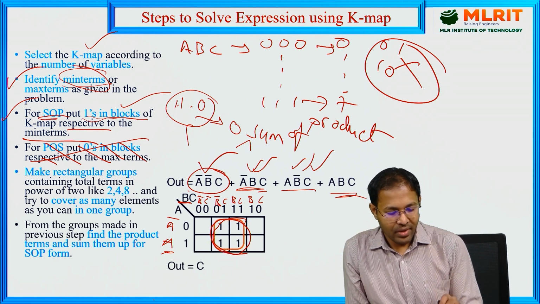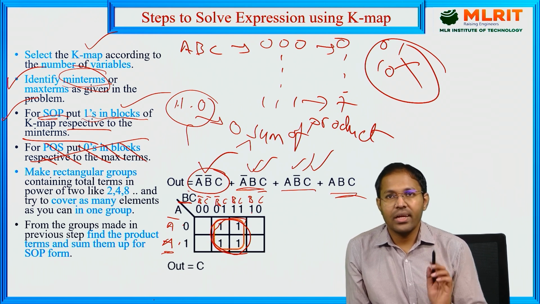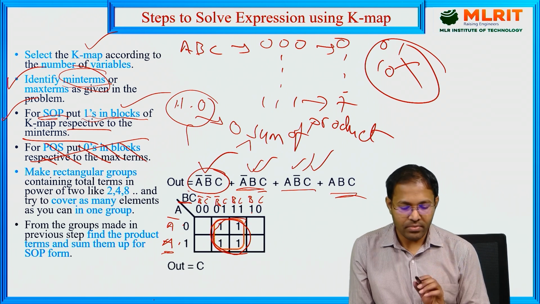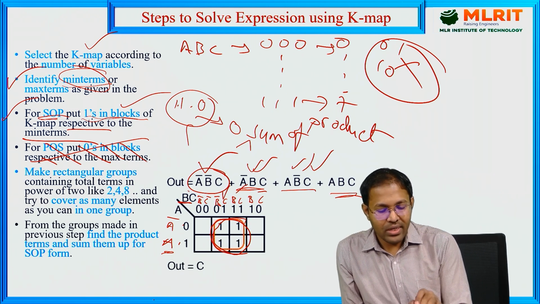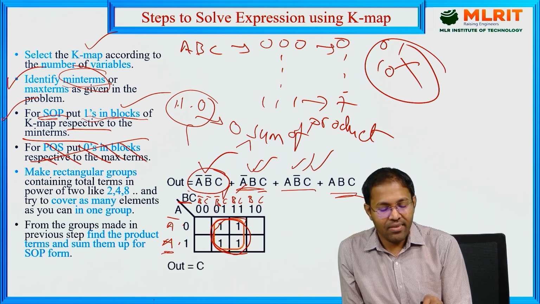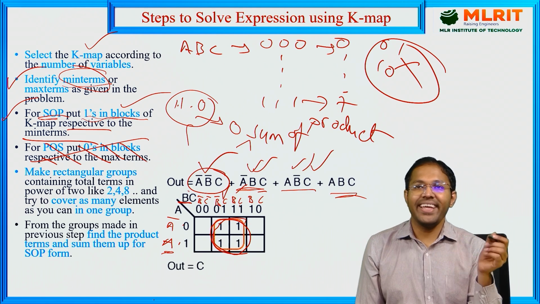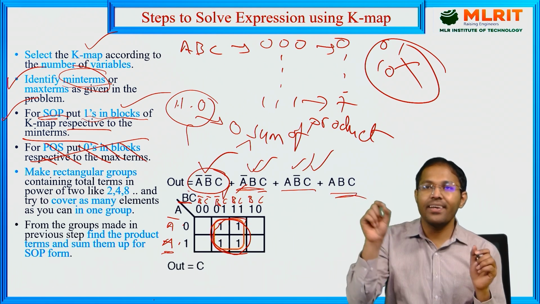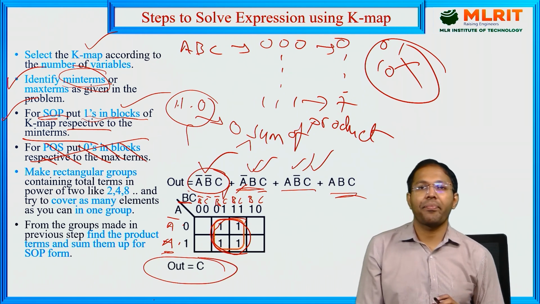Here rows are different, one is A bar, one is B, so we need to look at the columns. If you look at these 2 columns, what is common? Here we have B bar C, next BC. In B bar C and BC, what is common? C is common. Hence the output is simply C.